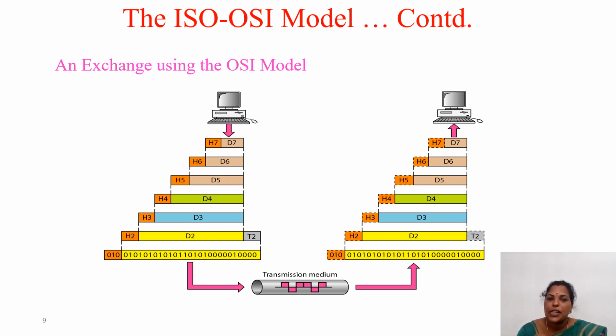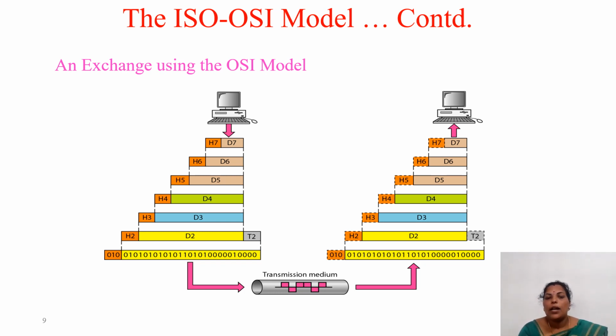Then the presentation layer appends its own header, H6. Then H6 and D6 are passed down. The session layer doesn't know what the header of the presentation layer is; it collects that as data and appends its header.